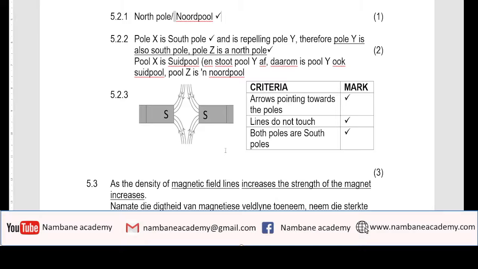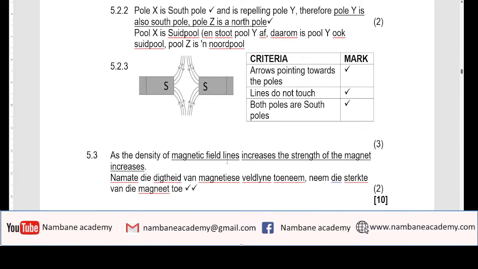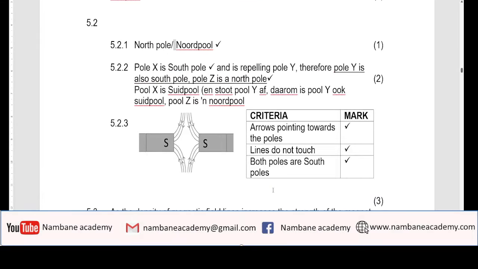What is the relationship between the density of magnetic field lines and the strength of a magnet? As the density of magnetic field lines increases, the strength of the magnet increases, for 2 marks. It's not part marking. Everything must be stated in the answer. So total mark of 10 marks.